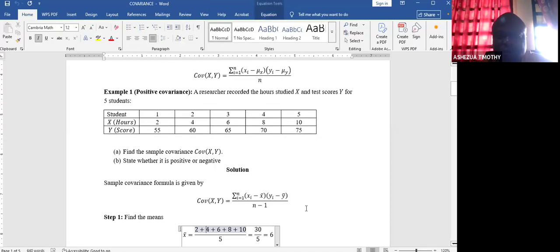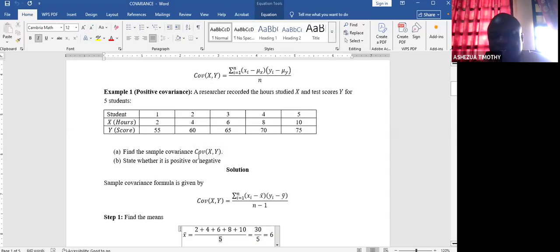The question says find the sample covariance xy. That's the covariance of xy.